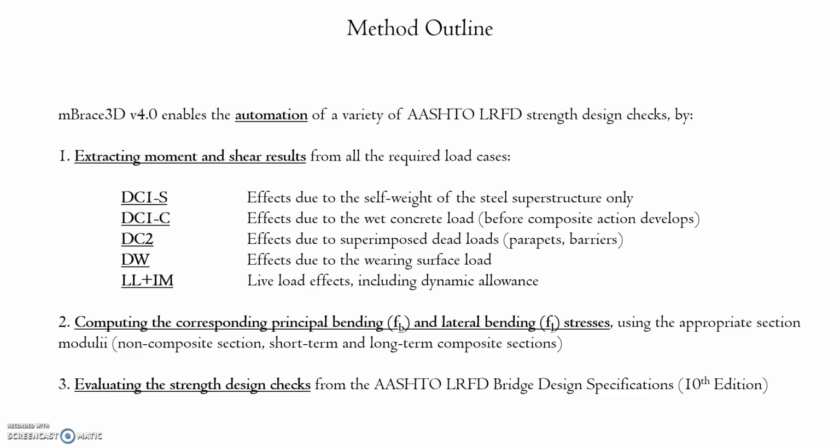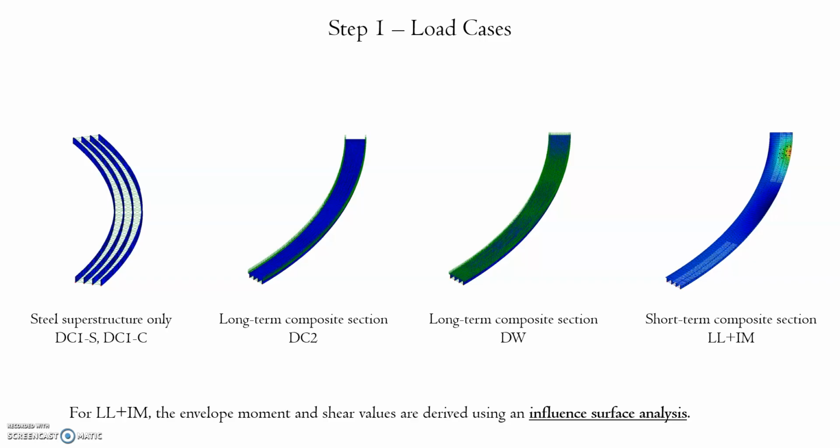The idea to be able to run these checks is to have one model for DC1S, another one for DC1C, DC2, DW, and LL plus IM. For those who are not too familiar with this terminology, DC1S refers to the effects of the steel superstructure only.